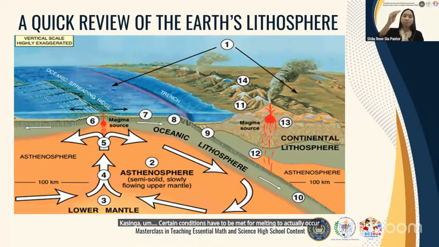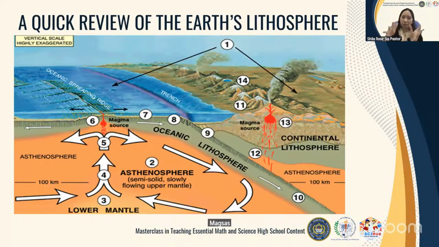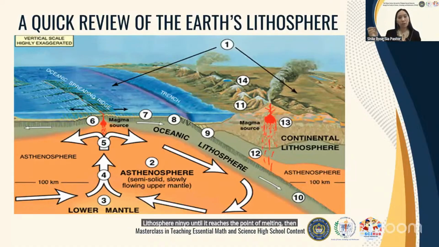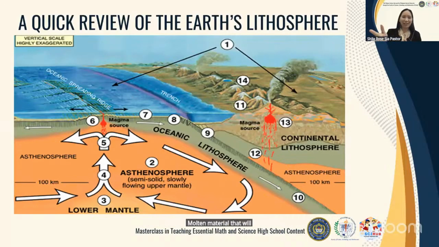So it will sink, it will subduct, continuous subduction of your lithosphere until it reaches the point of melting, then it becomes part of your molten material that will later on create your volcanoes. As it goes down, because it is solid, it pulls on the remaining lithosphere. Did you follow the idea?